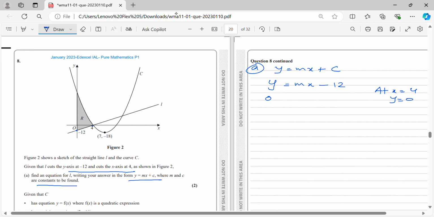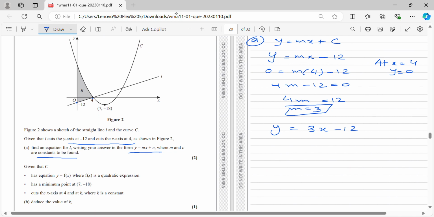So I can replace y with 0 and x with 4. So 4m minus 12 equals 0. Find m, the gradient. So m is 3. So the gradient here is 3. In this case, the equation of the straight line is y equals 3x minus 12. This is the equation of the straight line.